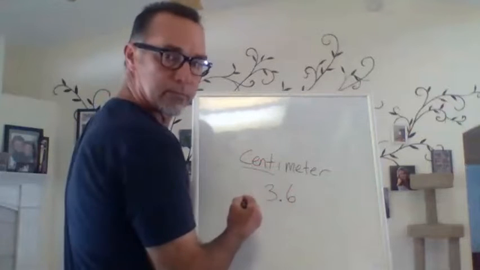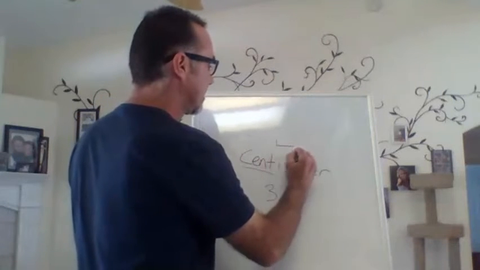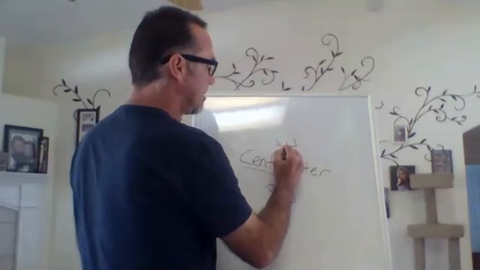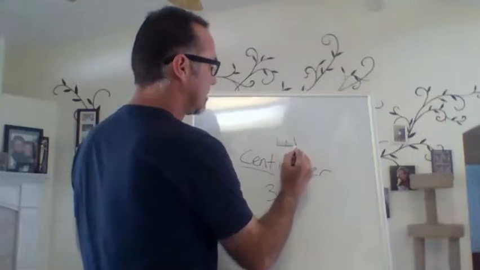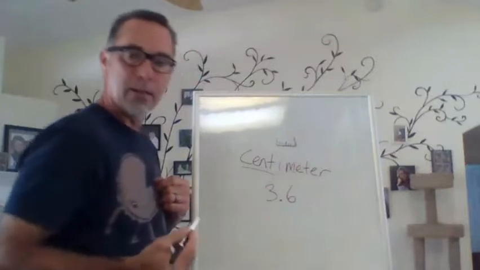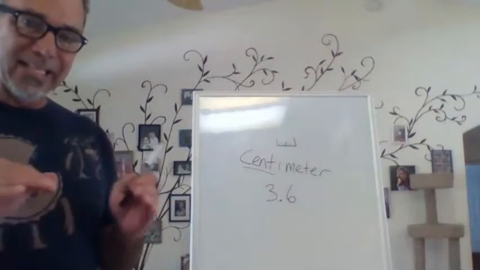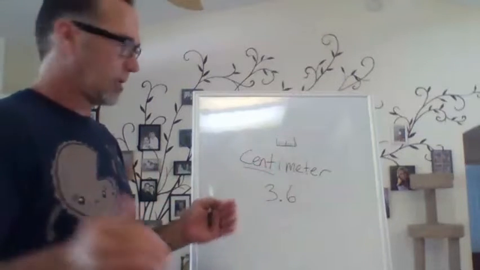Okay, so you have a centimeter like this, and within a centimeter, you have 10 millimeters. Milli, 1,000 parts in a meter stick then.